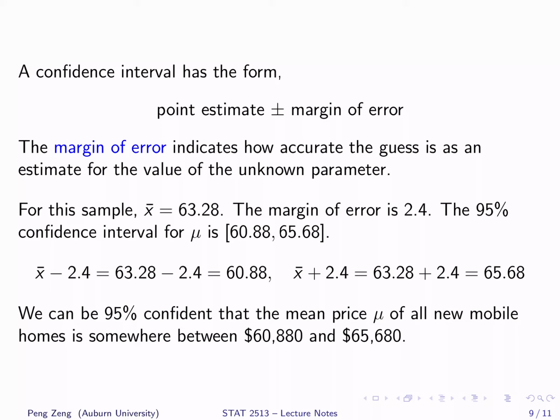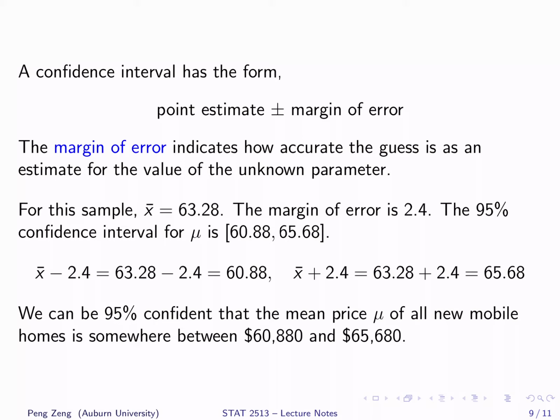A confidence interval usually has the form of point estimate plus minus margin of error. The margin of error indicates how accurate the guess is as an estimate for the value of the unknown parameter. In the previous slide, the margin of error is 2.4. We have already calculated the sample mean is 63.28.